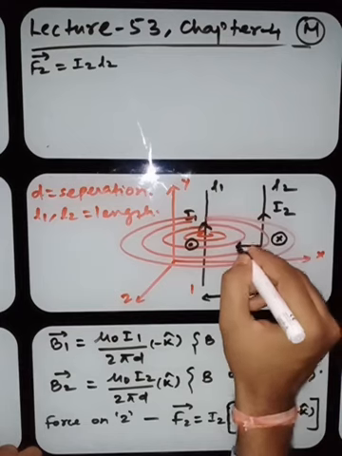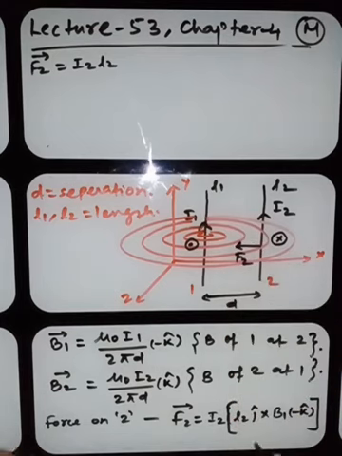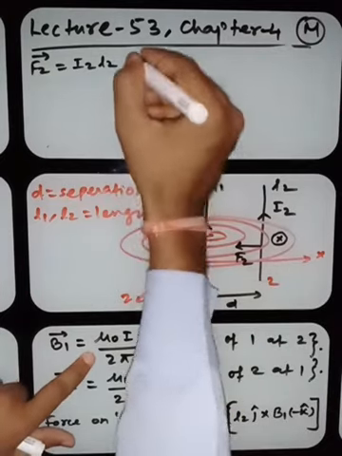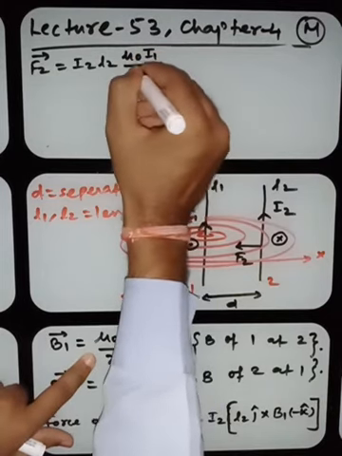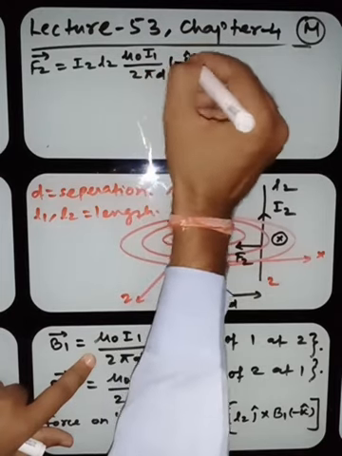It will experience the force F2 in this direction. So the direction is minus I, and for B1 we can put the value mu naught I1 by 2 pi d, and the direction we are getting is minus I.